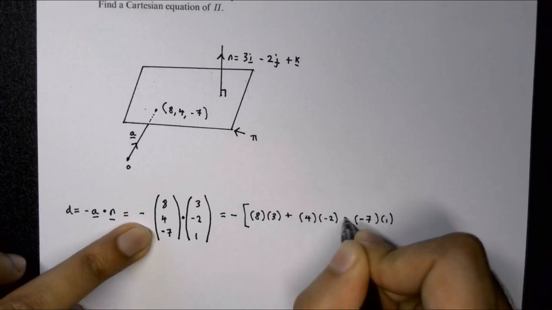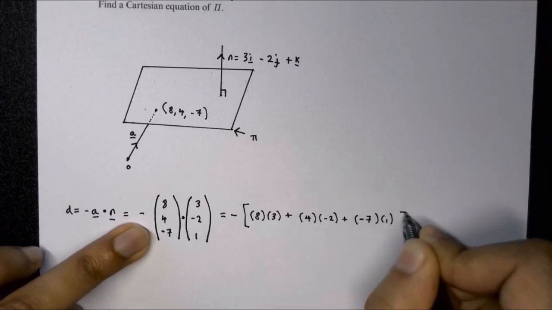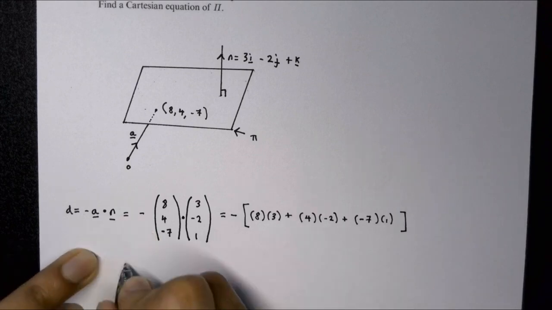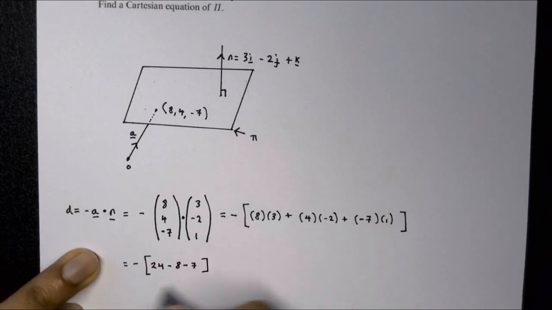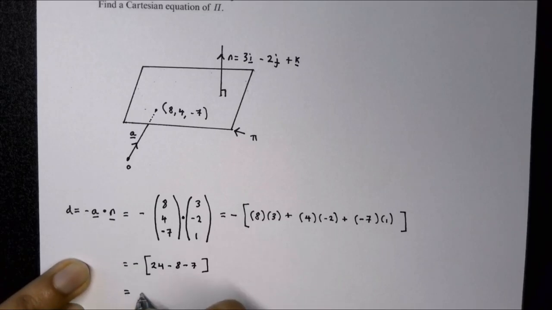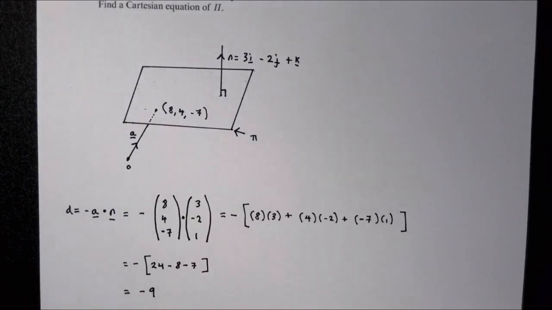And then we add those together. So here, we've got minus 24 minus 8 minus 7. You can see here we've got minus 9. Okay?